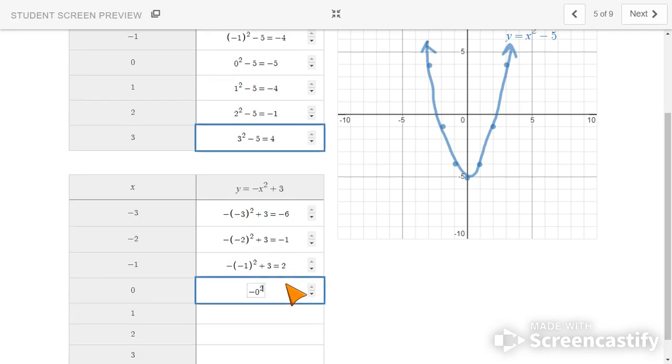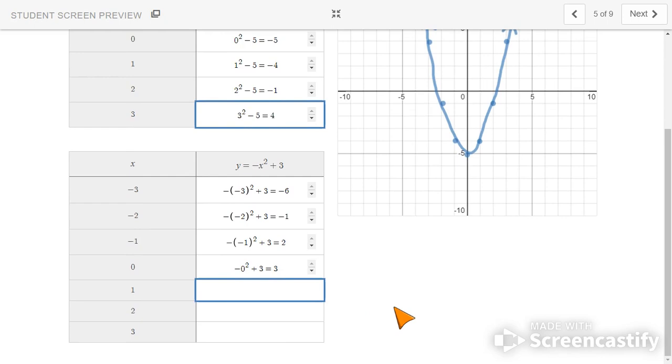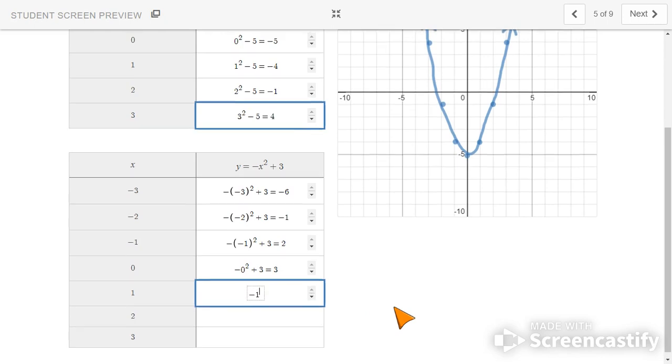-0 squared plus 3, that's 3. -1 squared plus 3. Now notice there's no bracket here, but if there's no bracket, it still means that the 2 is only applied to the 1 because the negative is not directly in front of the negative.